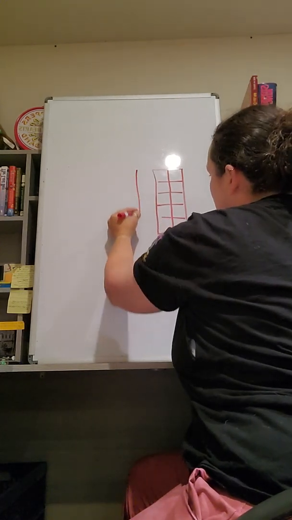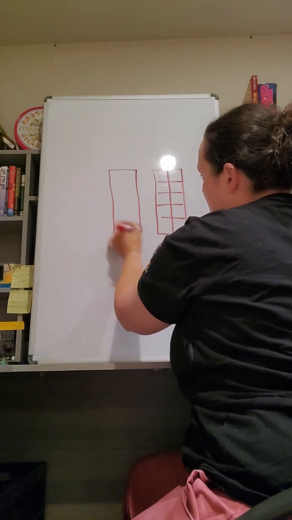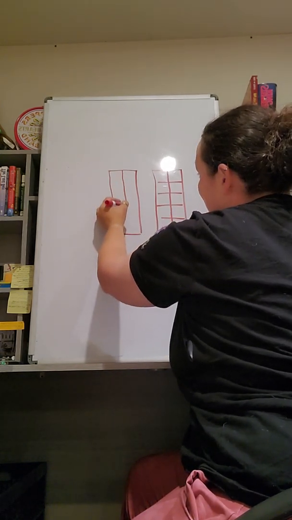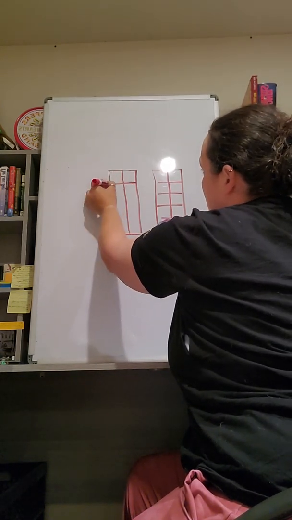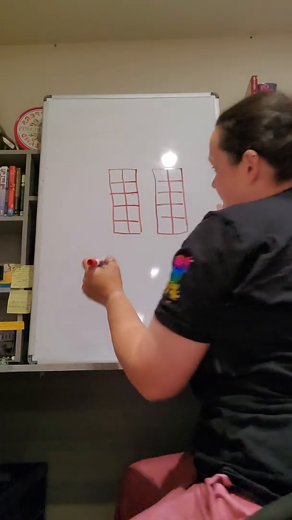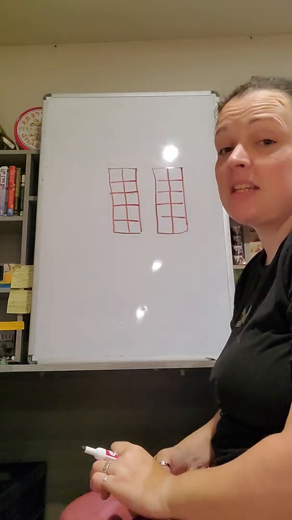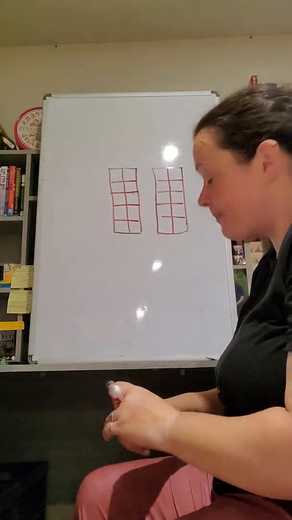But we're going to want 2 of them today because we're going to be counting above 10. We're going to be working on 11, 12, 13, 14, 15, 16, 17, 18, and 19.